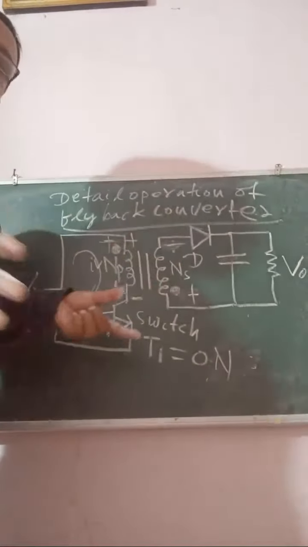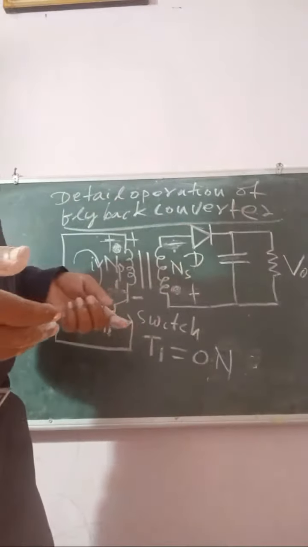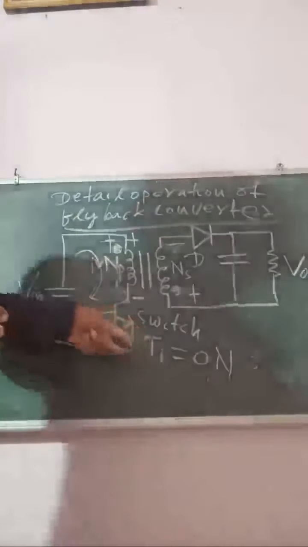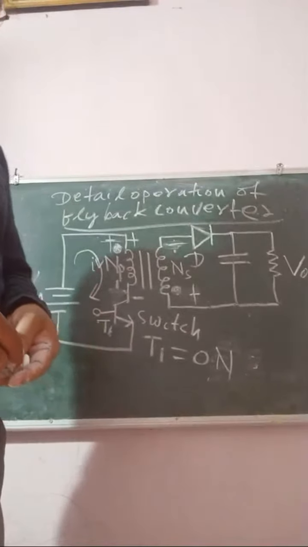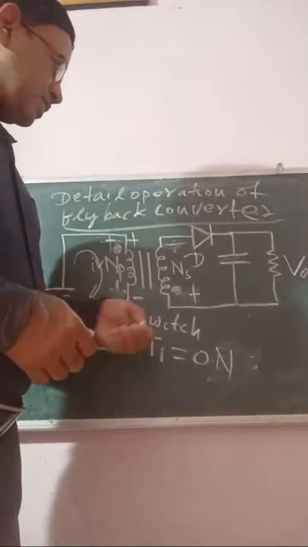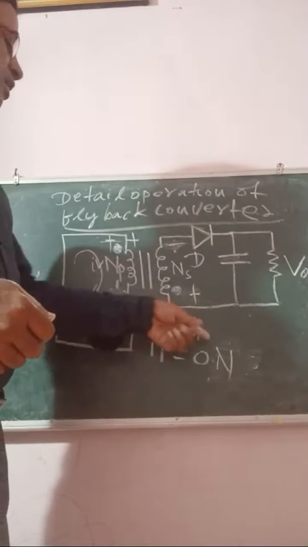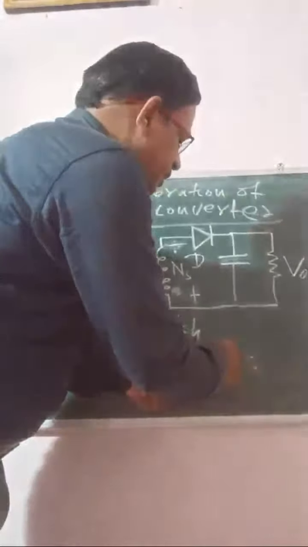Generally there are two modes of operation of the flyback converter. One is when the switch is in the on condition, that is called a continuous mode of operation. And when the switch is in the off condition, that is called a discontinuous mode of operation. There are two modes of operation.